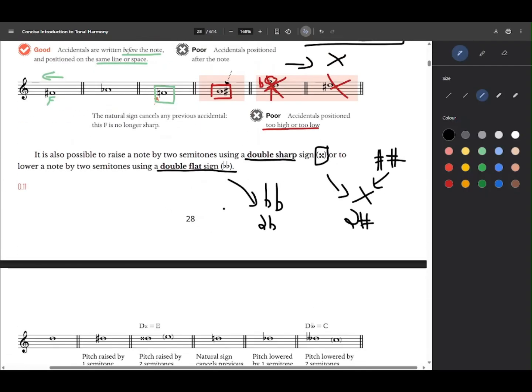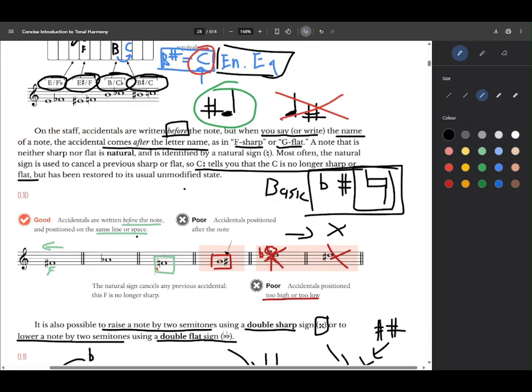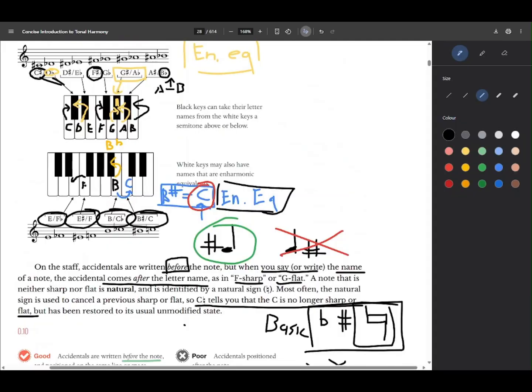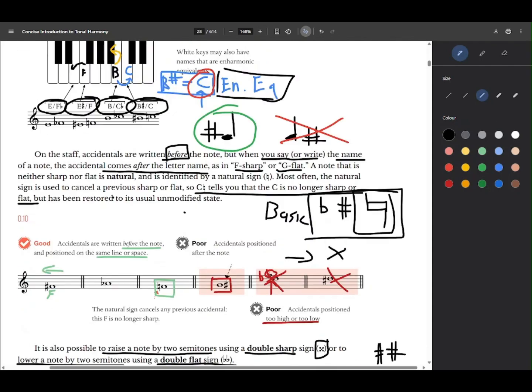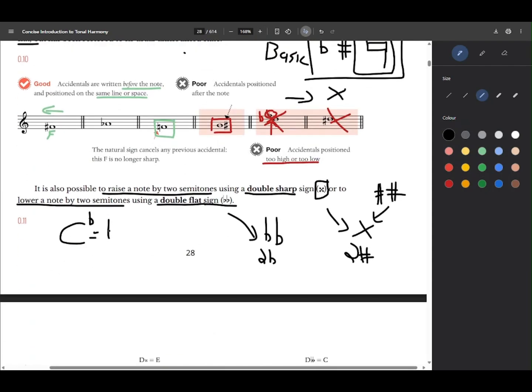And what these do is raise a note by 2 semitones, or lower a note by 2 semitones. So let's start with our C. We make C flat. What is that going to be? Let's look at our keyboard up here. C flat, well, there's no black note here, so it's going to be a B. Okay, that's great.